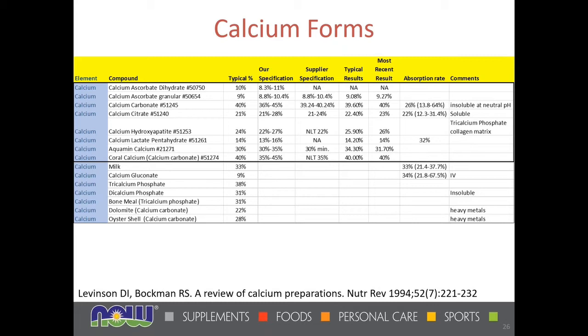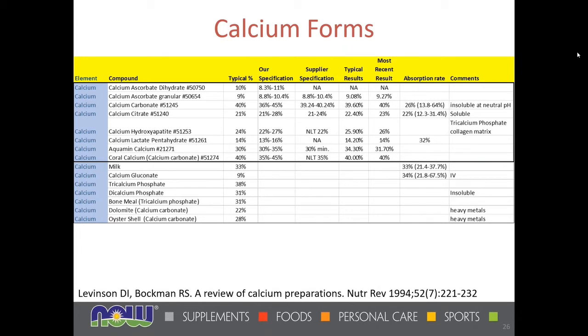That's in the form of calcium lactate, and calcium lactate is a low percentage of calcium compared to calcium carbonate or citrate, and is not commonly used as a supplement these days because you have to take more pills or more powder to get the same amount of calcium.